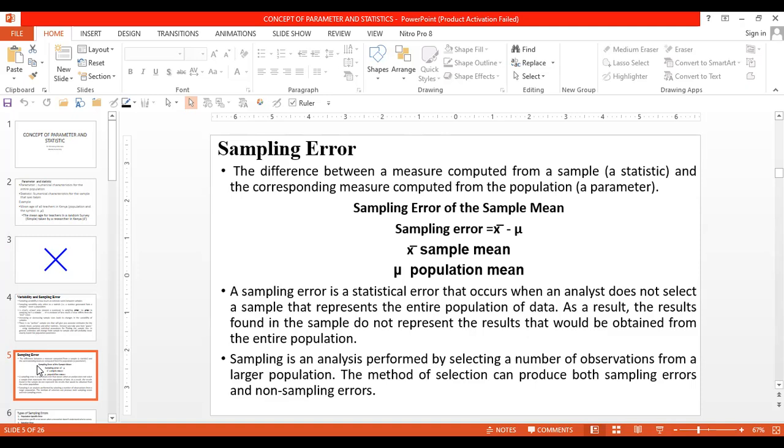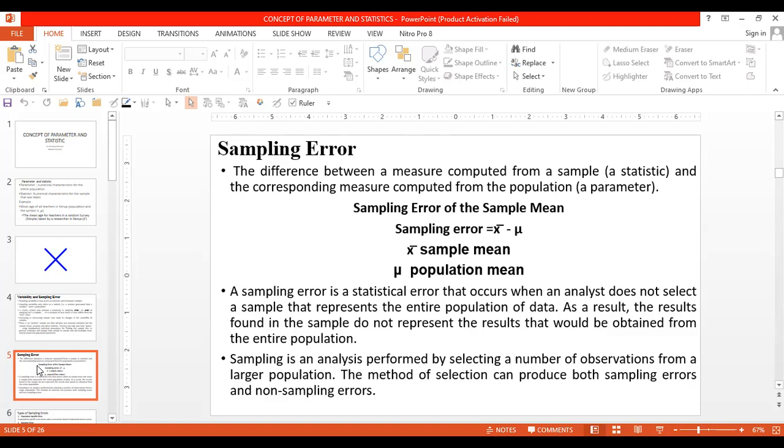Now, in a population, we might get so many samples when we are doing sampling. For example, if I have a population of 1,000, from that population I can draw several samples.